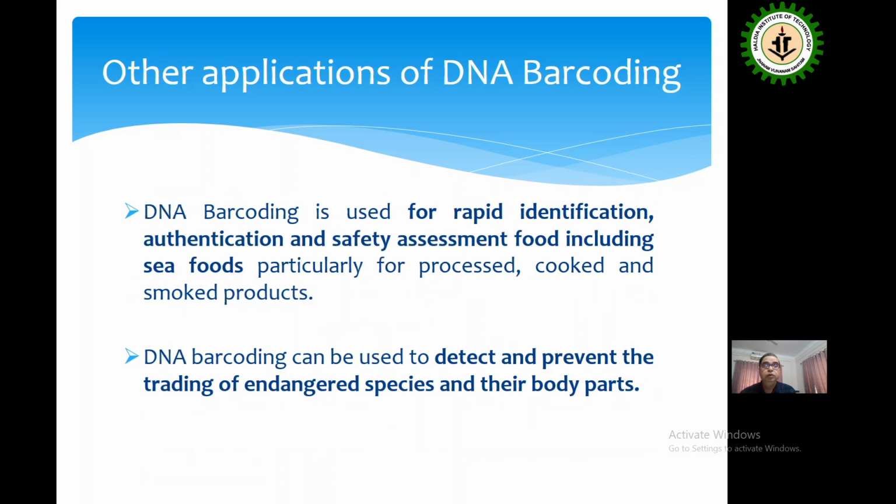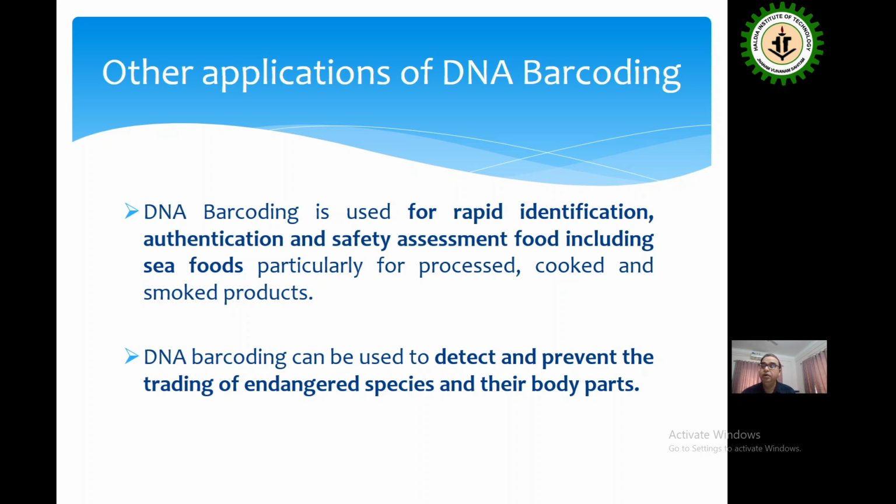So coming to the next very important point, DNA barcoding can be used for rapid identification, authentication and safety assessment of foods, including seafoods, whether it may be cooked food, canned food, smoked products or the products which we get in the restaurants.